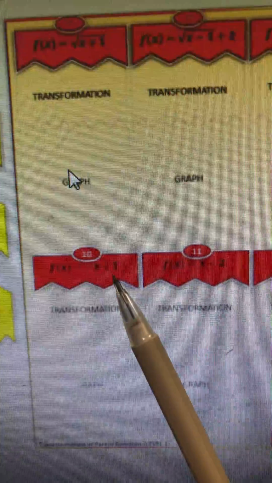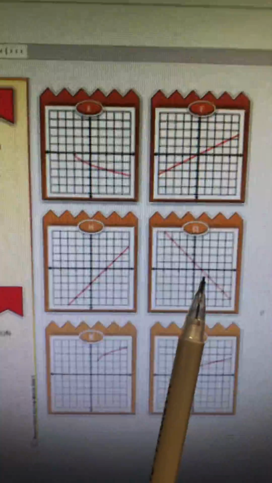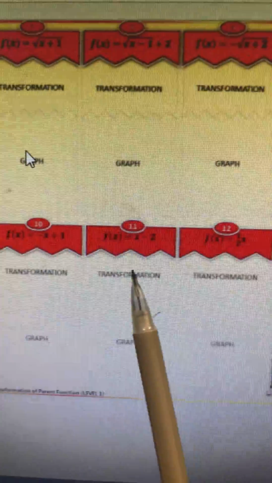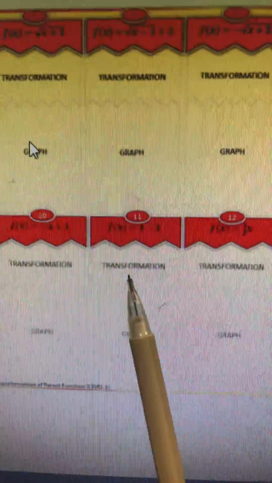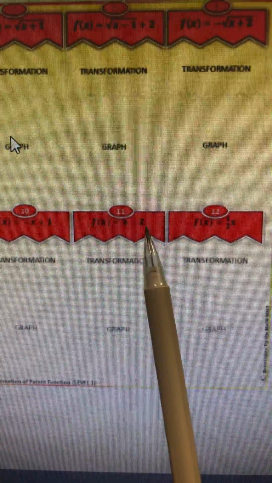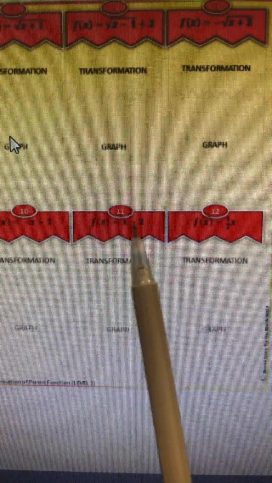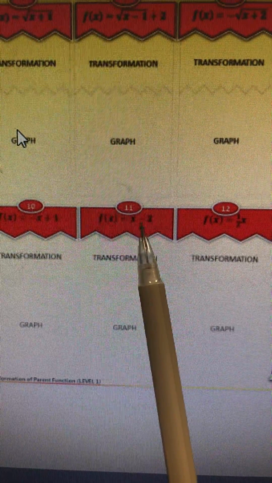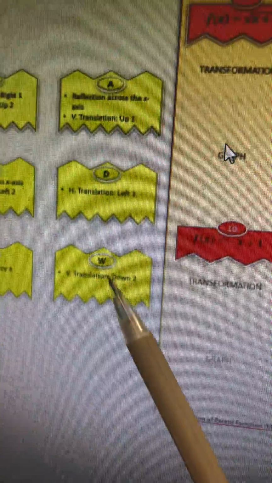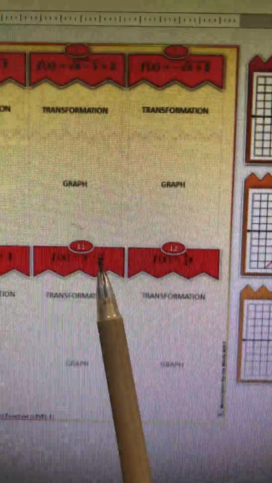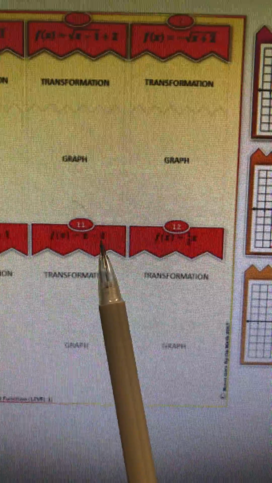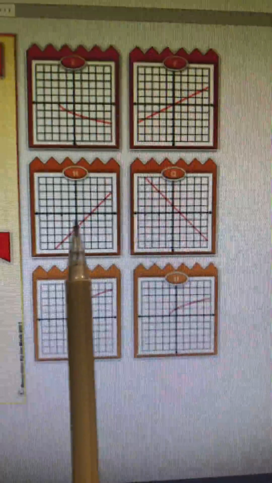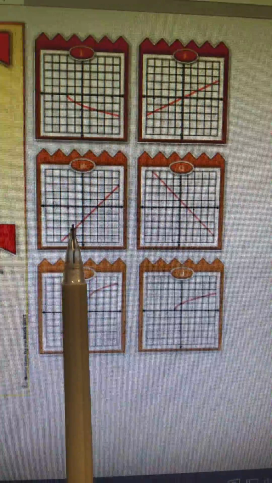So your graph for that one is Q. 11, the transformation is just down 2. It's a linear equation down 2. So once again, if you know your slope-intercept form, this is just a line, and it's down 2. So the W is the translation down 2. So it's going to cross the y-axis at -2. Okay, so it's right here, H is that graph.